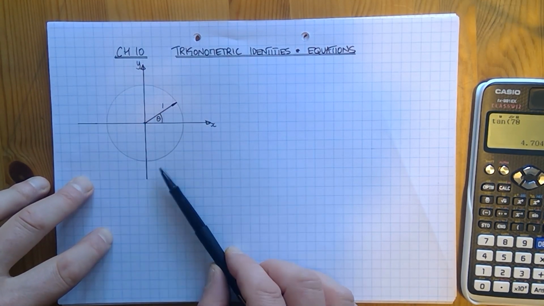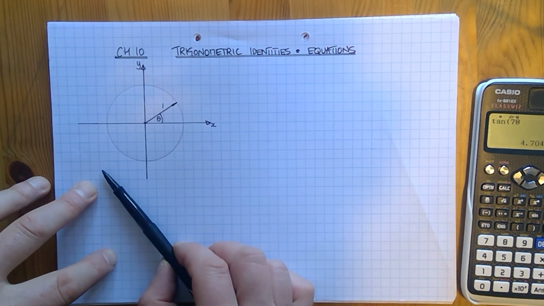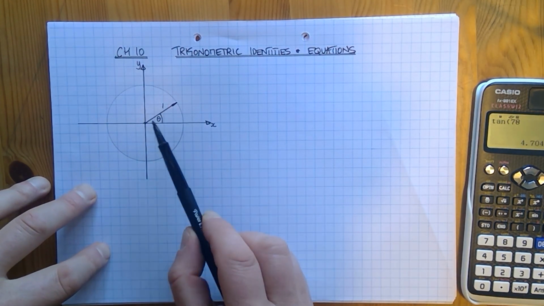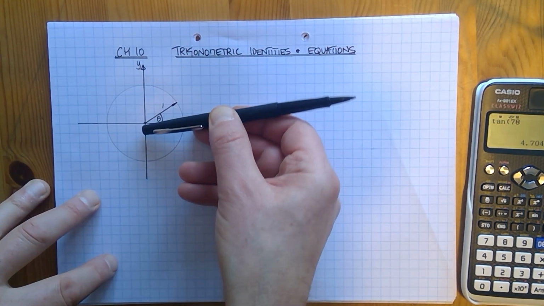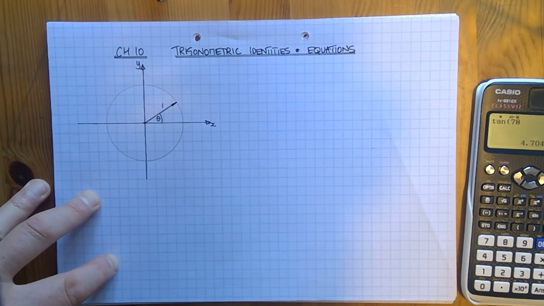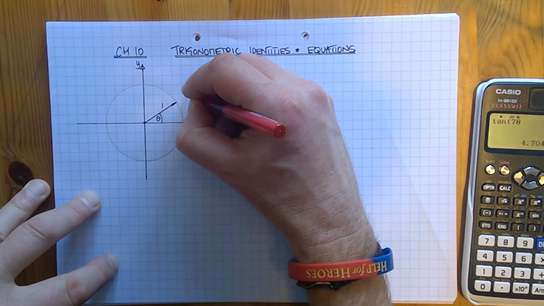We're going to start by drawing a grid with all four quadrants, x-axis, y-axis. We're going to consider theta, our angle, as starting on the x-axis and working anticlockwise. So theta starts here and goes that way.